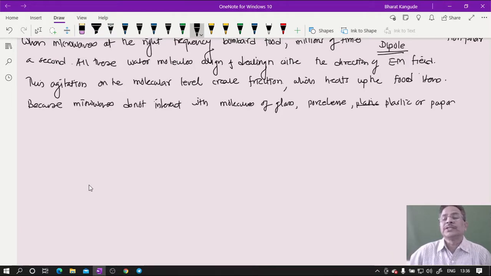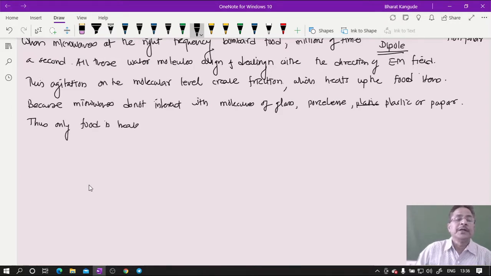These radiations are not absorbed, so these materials do not get heated. There is no interaction between microwaves and the material of either glass or porcelain or plastic or paper or anything. Therefore only food is heated, and not the containers.